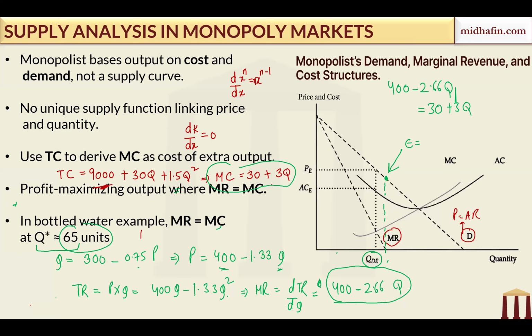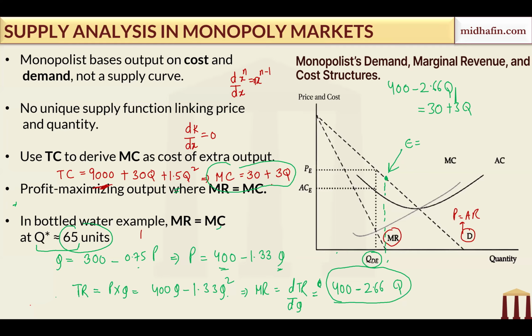Okay. So if this question is asked in the exam, you can calculate the price also. You can just substitute the value of q in this equation and you will get the price also. So price can be found out after quantity. Total revenue can be found out. That will be your total profit maximizing revenue. Total revenue at the profit maximizing quantity, you can say.